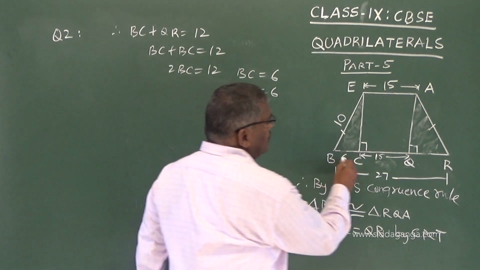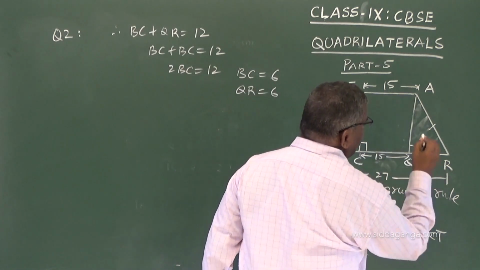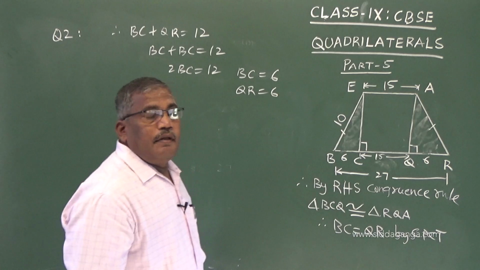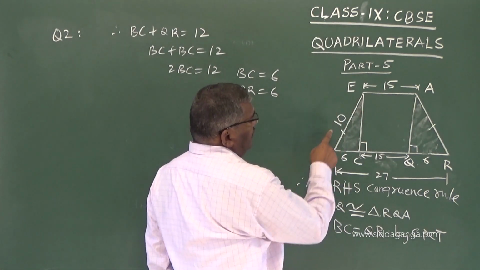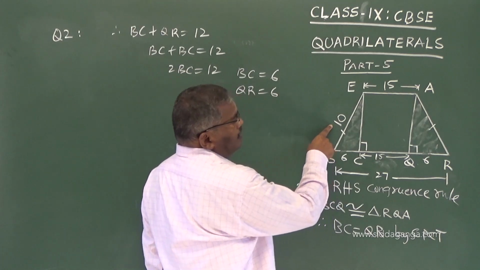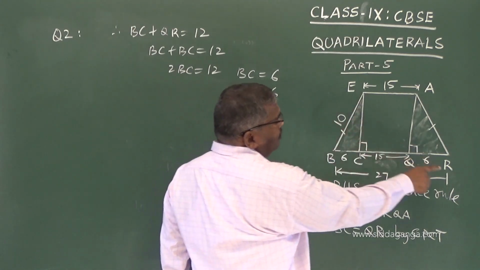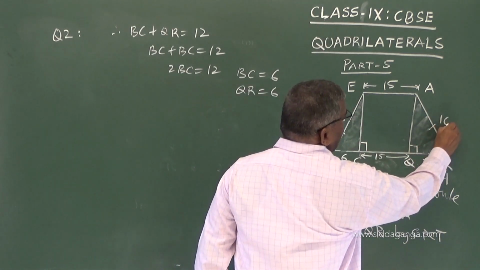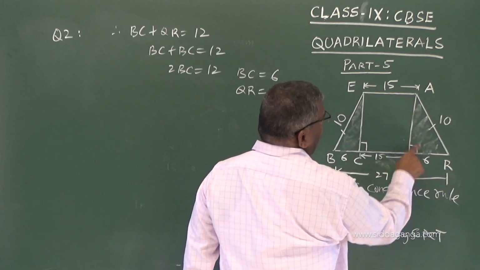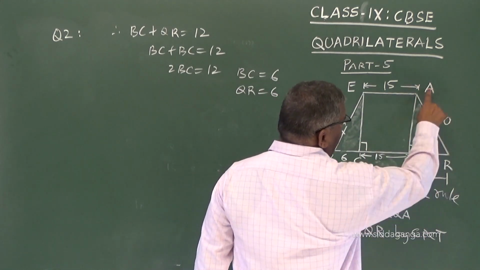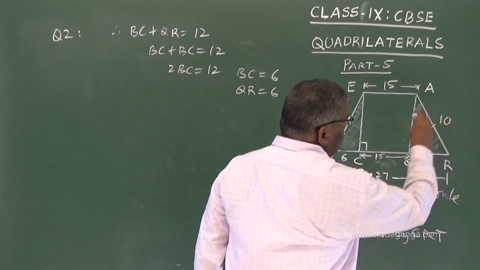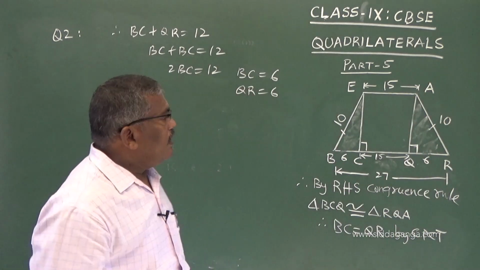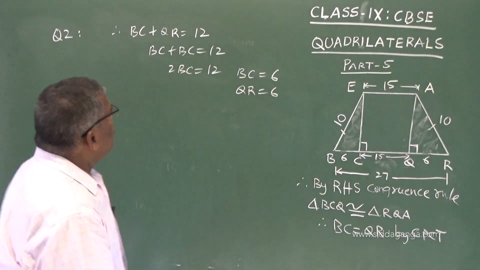So when this is 6, this is also 6. And when BE is given, BE is 10, in an isosceles trapezium BE is equal to AR, therefore this is also 10. So now, you consider this triangle, this is 90 degrees, so use Pythagoras theorem and find out AQ.